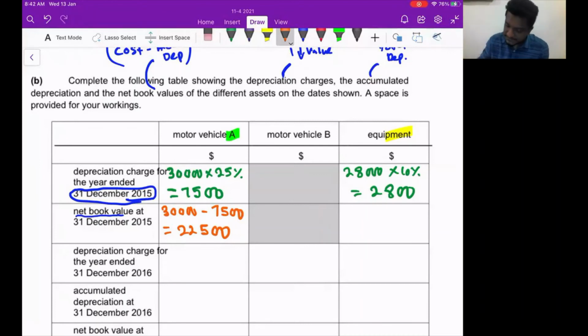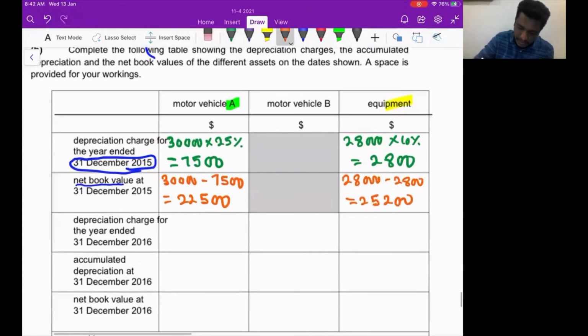And then equipment: 28,000 minus 2,800, I get 25,200. 25,200 is your net book value for 2015.